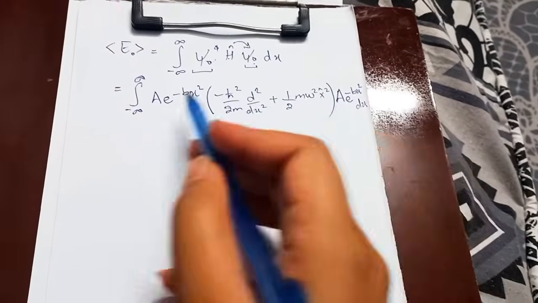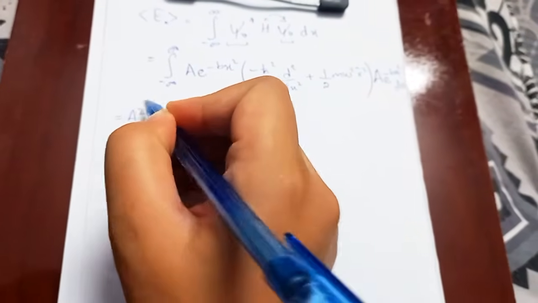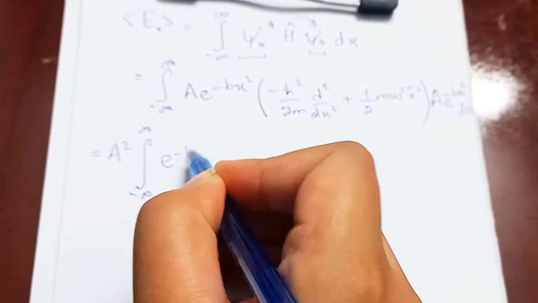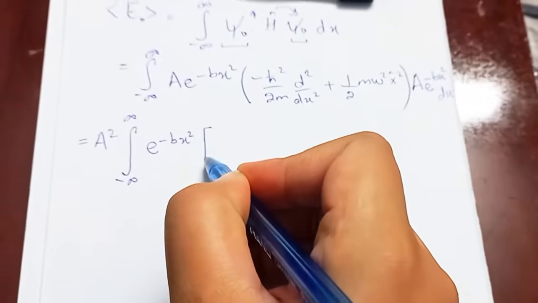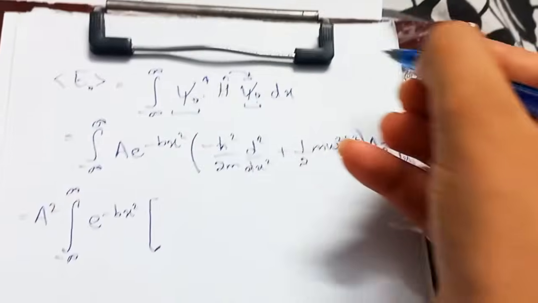This a and a becomes a squared, and we can write it outside of the integral. Then we have this thing, and I'm letting minus h squared by 2m equal c.